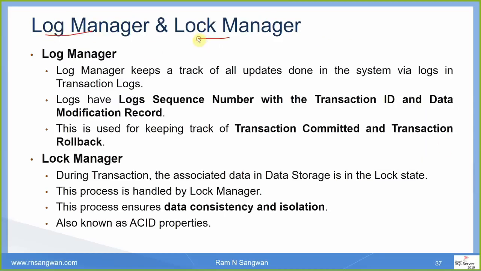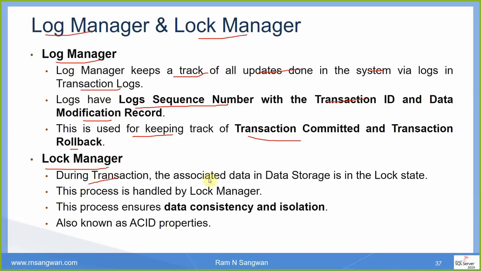Then we have log manager and lock manager. The log manager keeps track of all updates done in the system via logs in the transaction log. Logs have a log sequence number with a transaction ID and data modification record. This is used for keeping track of transaction commit and transaction rollback. And lock manager, as the name suggests, the same concept.